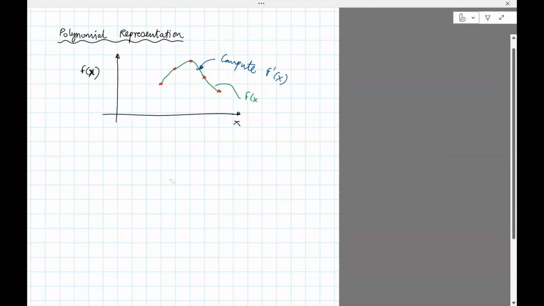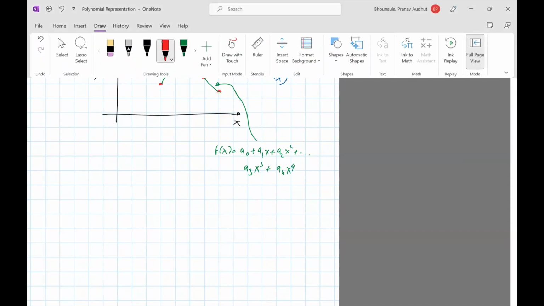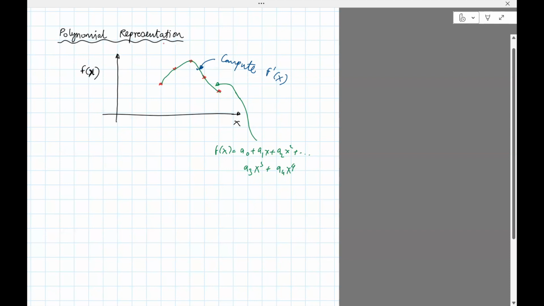Just write it again here, down maybe. a0 plus a1x plus a2x square plus a3x cube plus a4x4. Okay, so the question is why 4th order polynomial? Well, you're given 5 points.